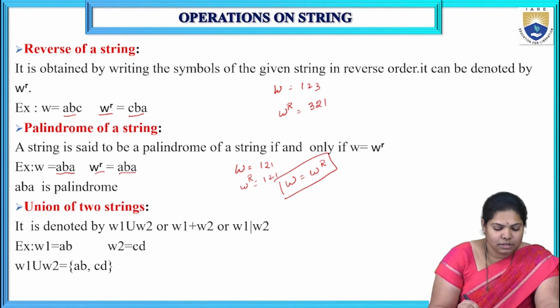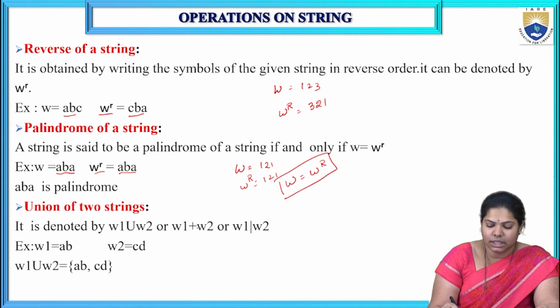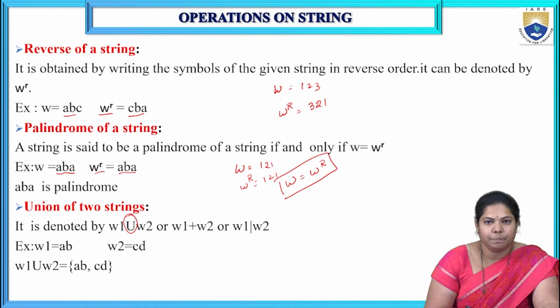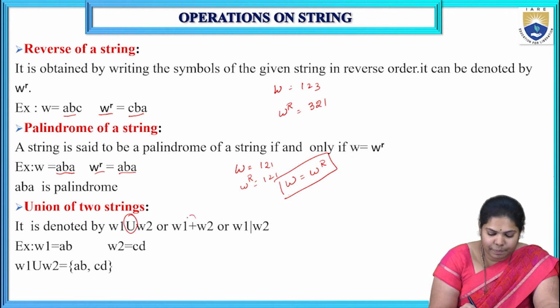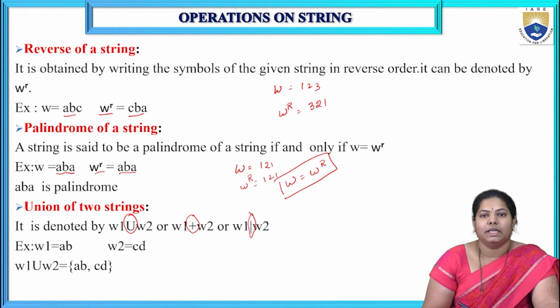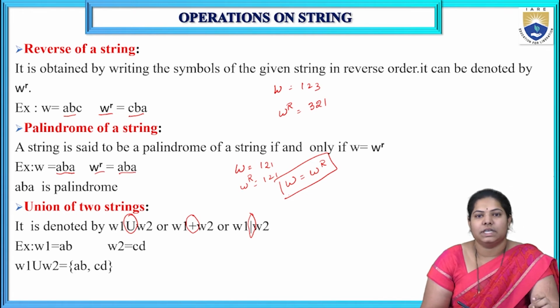Right? Clear? The next one is the union of two strings. Here union is nothing but combining the two strings. Union is represented by the union symbol, or else by the plus symbol or the vertical line.